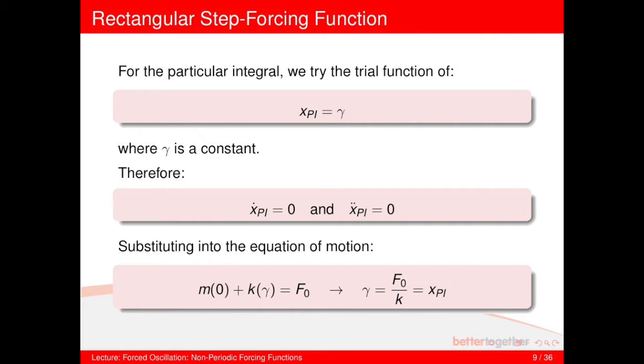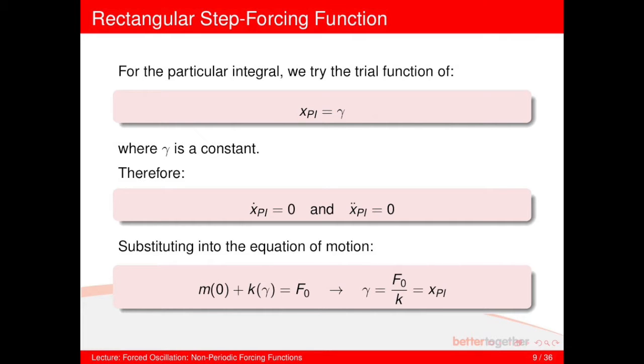And what I do is I take my value for x_pi and x_pi double dot, and I stick it back into my differential equation. Where I had m x double dot down here, I stick in my double dot term, that's 0, and I take my x_pi term and put that where it was, k x equals F0. So I've still got my force down here, and it's quite clear that if you solve for gamma, you end up getting F0 upon k.